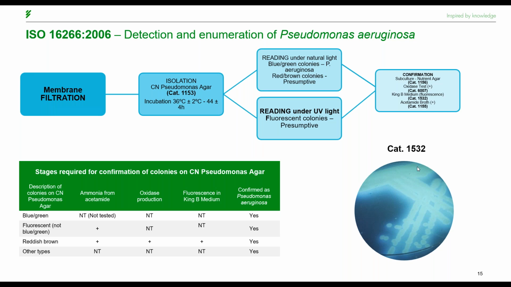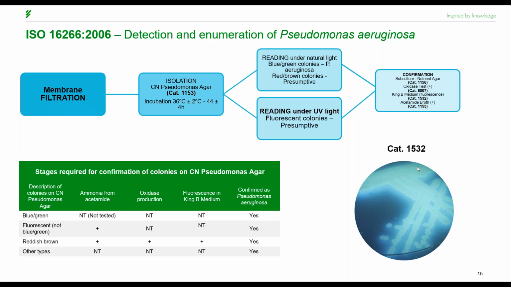We will review it. On the other hand, any reddish colonies without fluorescence are also listed as presumptive Pseudomonas and confirmed by oxidase tests, then again acetamide broth and King B medium fluorescence.